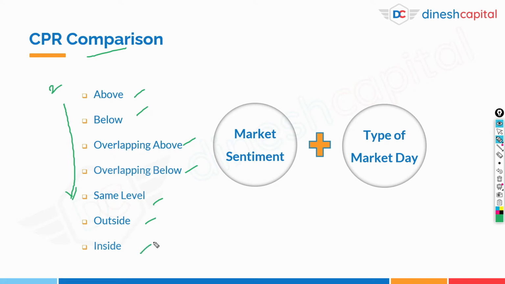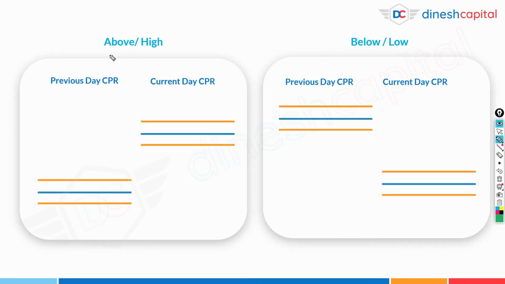Some of these comparisons not only tell us about the market sentiment, they can also tell you about the type of market day. Let's look at this one by one. Here we have 2 situations. One is above or higher value, and the second one is below or lower value. So we are going to compare 2-day CPR, the previous day CPR with the current day CPR.